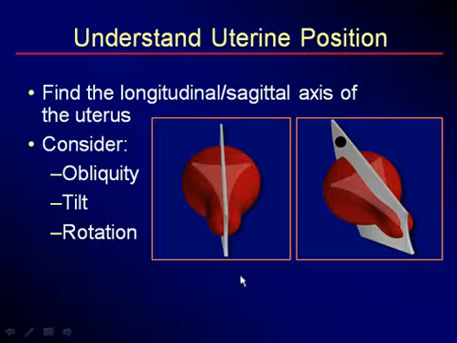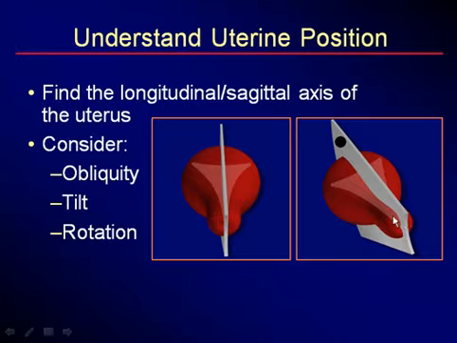So let's look a little closer at how our beam works with this kind of uterus. This is the standard sagittal scan through the uterus. Now, if we have a tilting to one side or the other, we keep our beam in a longitudinal plane down the middle.